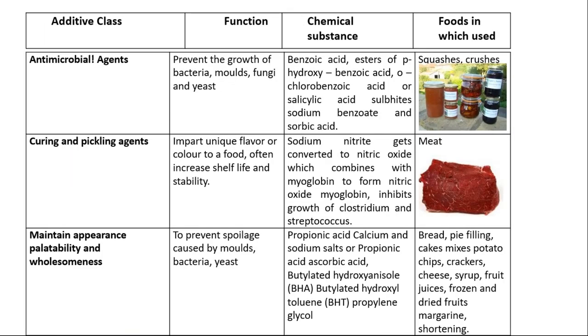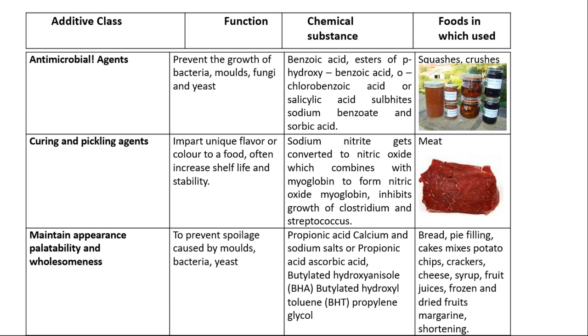And then we have the antimicrobial agents, which are very similar to preservatives, like benzoic acid, salicylic acid, and sorbic acid, which are used in fruit and vegetable products. You have curing and pickling agents.